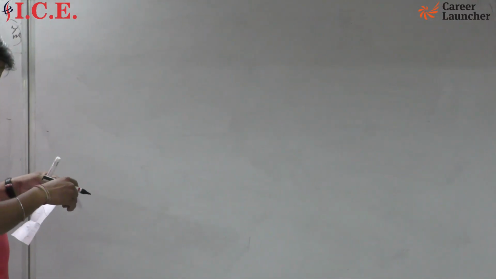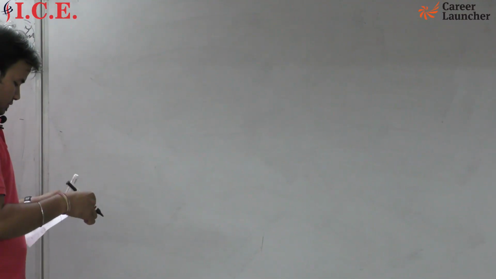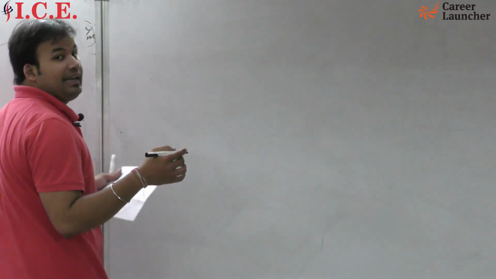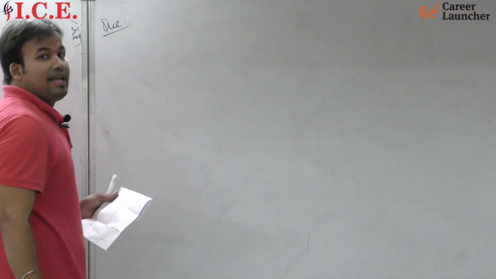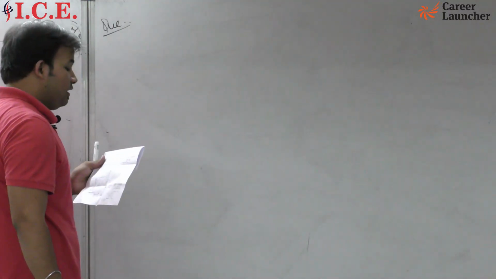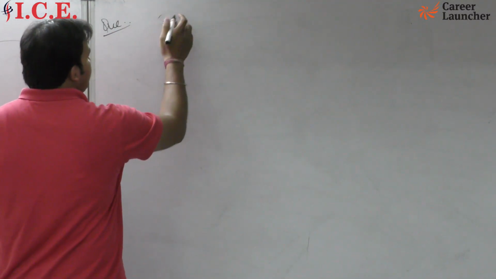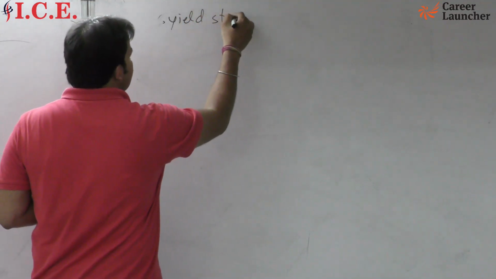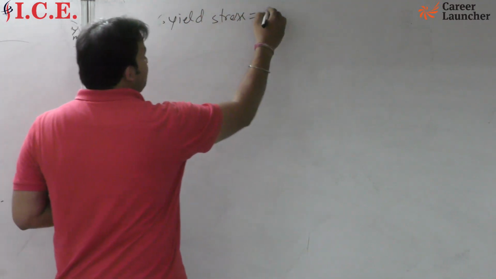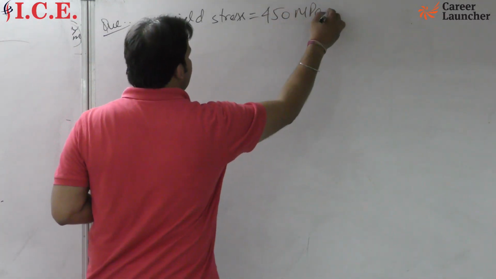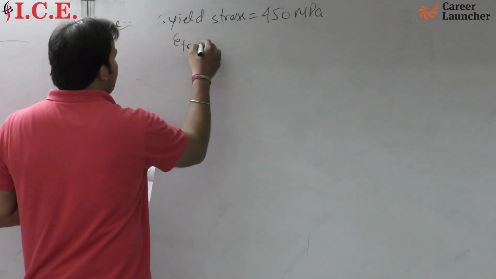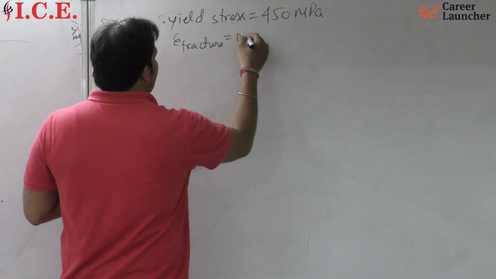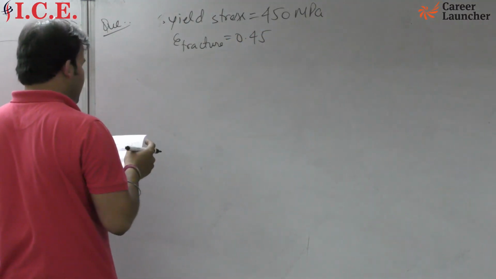There is a very nice question that came in the GATE 2018 paper, on a perfectly elastic plastic material. Last question: a perfectly elastic plastic material has a yield stress equal to 450 megapascal and fractures at a strain of 0.45.